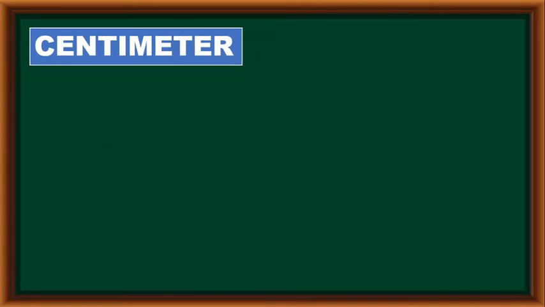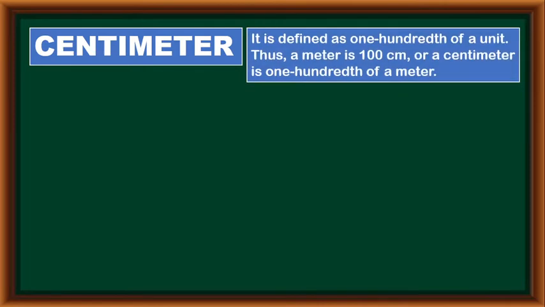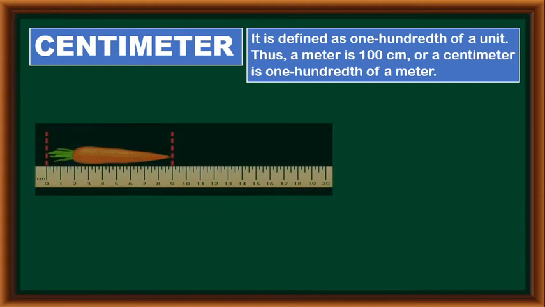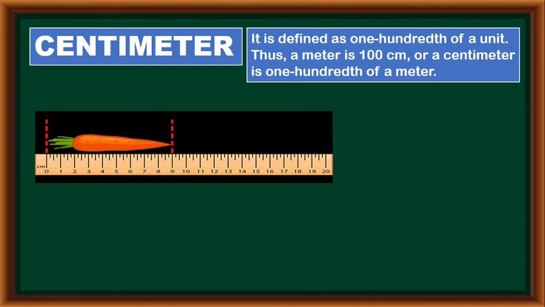Next, centimeter. Of course, it is longer than millimeter. It is defined as 1/100 of a meter. Thus, a meter is 100 centimeters or a centimeter is 1/100 of a meter. Okay, pwede mo pa rin gamitan siya ng ruler because our ruler contains 30 centimeters.